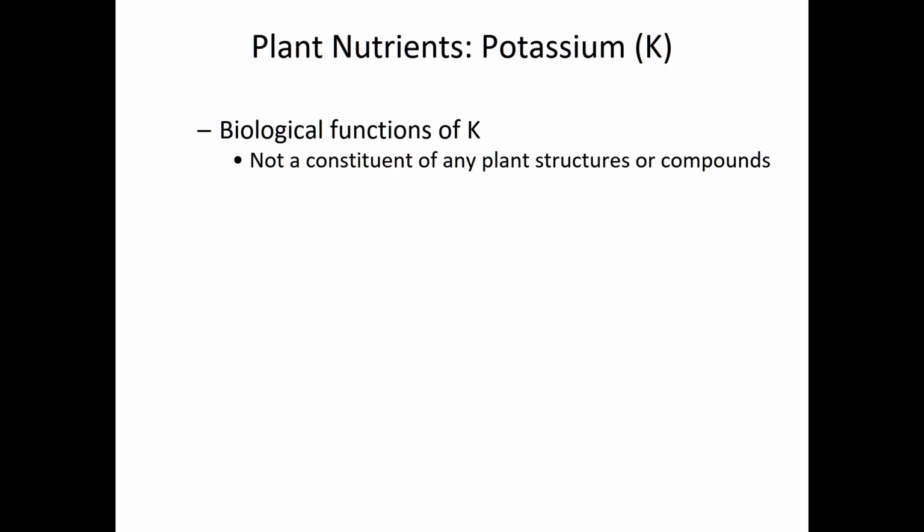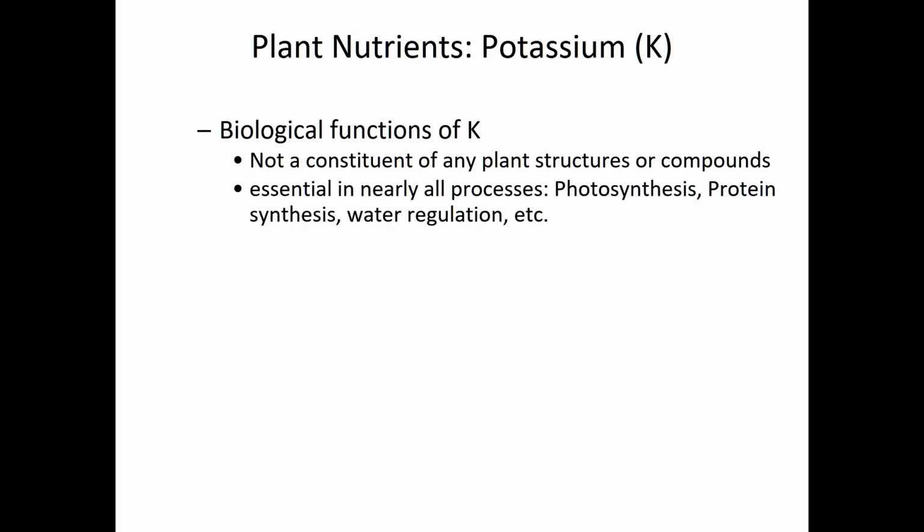The last one, potassium, the K, is not really a major component of any plant structures or of any plant compounds, and so it seems weird to think of it as being something that's important for plants. But where potassium is especially important is as a molecule that gets used in sodium and potassium pumps and cellular movement of materials in basically all the processes of functioning plants: physiological processes, photosynthesis, protein synthesis, water regulation.